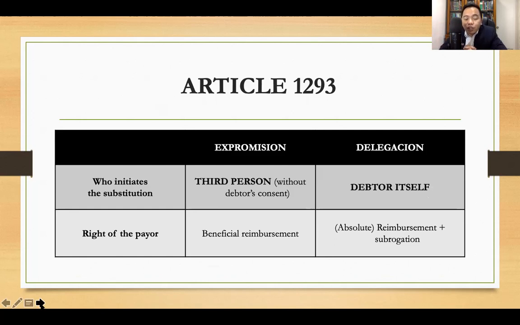Expromission and delegation. Ano ba yung expromission at delegation? Depende kung sino ang nag-i-initiate ng substitution ng debtor. Pag ang nag-initiate ng substitution to the person of the debtor is the third person, meaning without the debtor's consent, it is called as expromission.